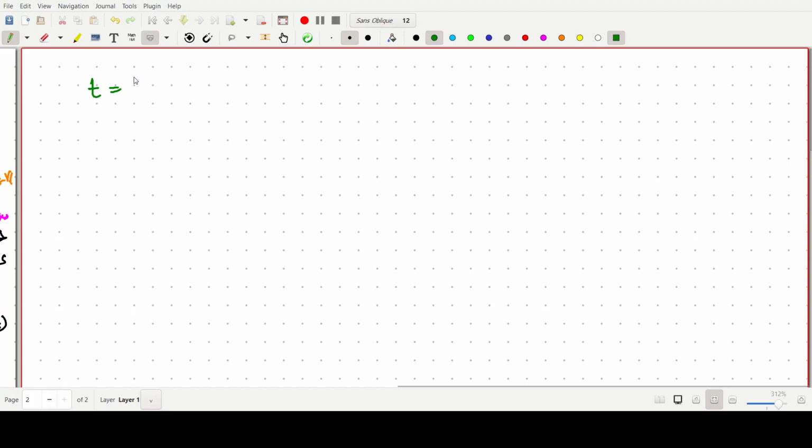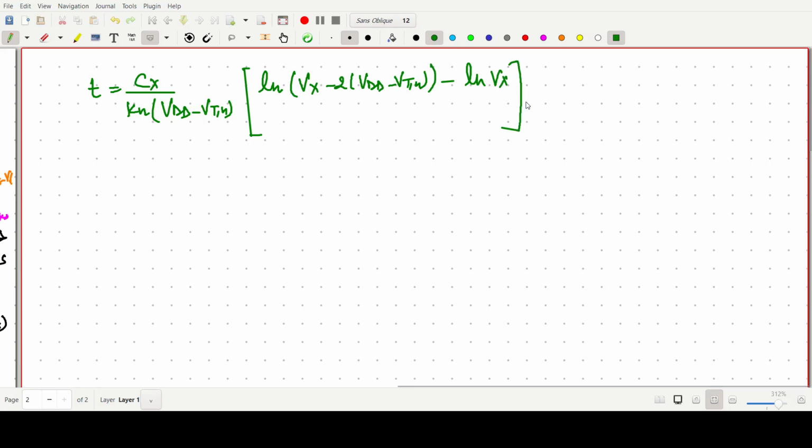The t value will be, the 2 in Cx2 will be cancelled out, so Kn (VDD minus Vtn), and then one more line I am writing, that we have observed, 2 (VDD minus Vtn), minus log Vx, and we have to integrate with VDD minus Vtn as the lower limit to Vx.